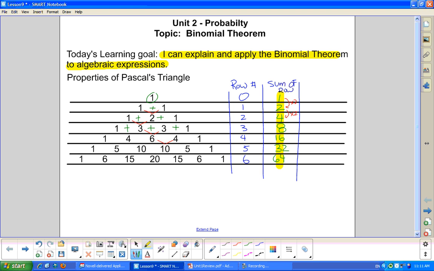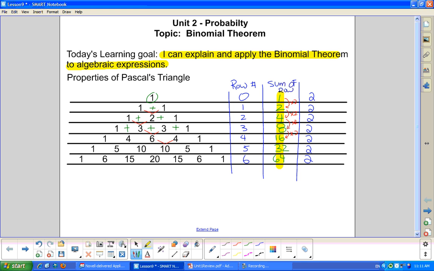So we can come up with a formula to give us the value of the sum of each row. Because we're doubling, the common base is 2. So we write 2 all the way down, and try to find an exponent that will give us that answer.